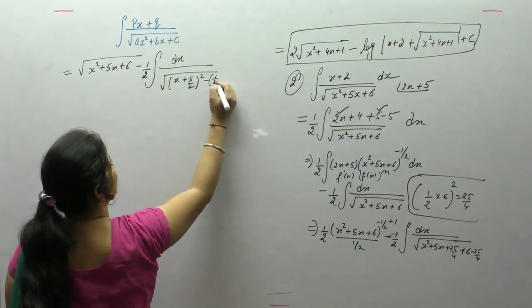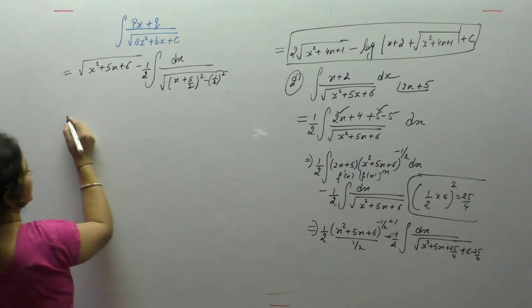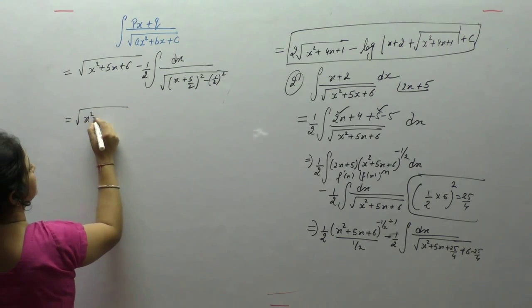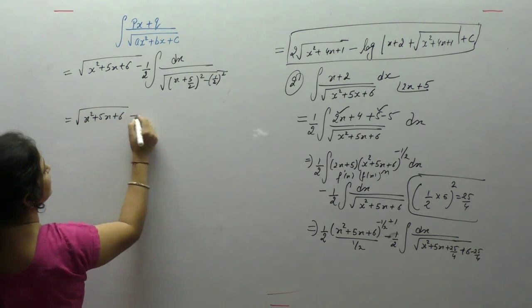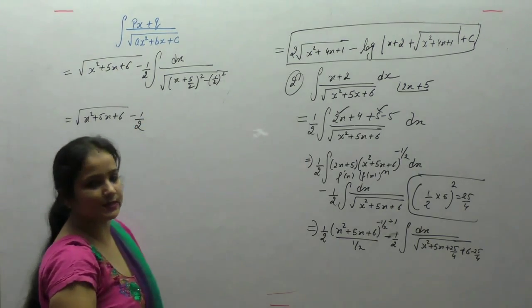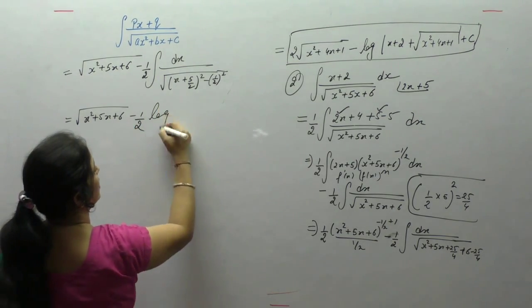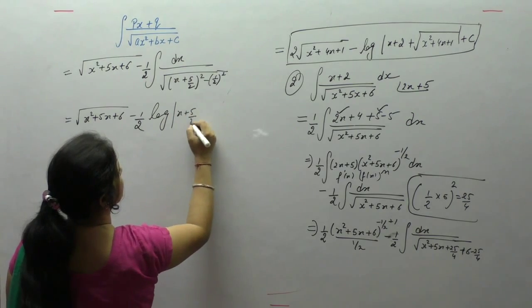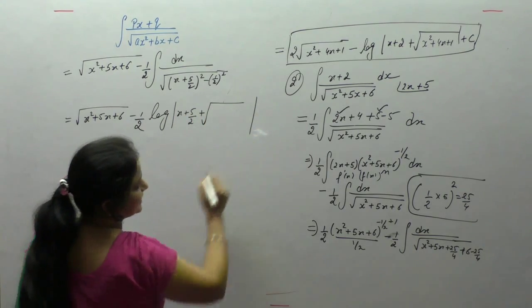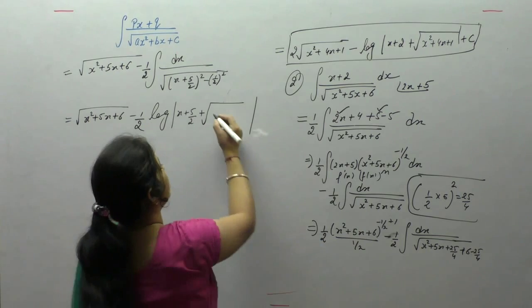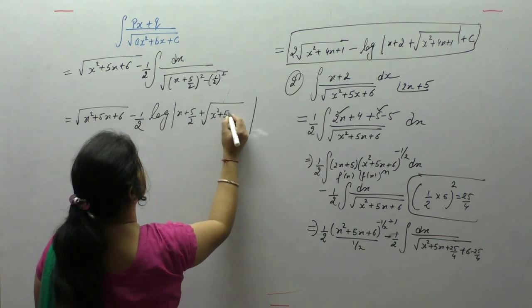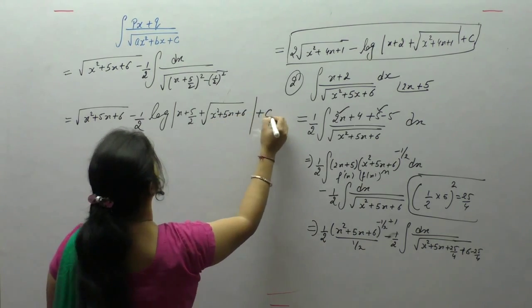We can write it as minus 1 by 2 whole square. Integral of 1 upon square root of x square minus a square is log of x plus square root of x square minus a square. So the answer is square root of x square plus 5x plus 6 plus c.